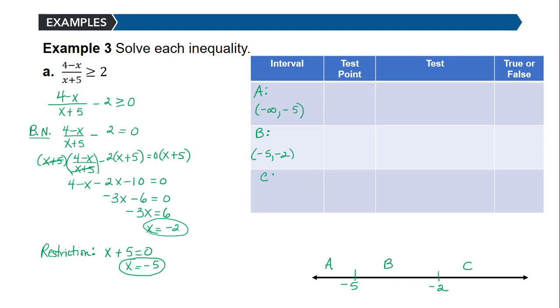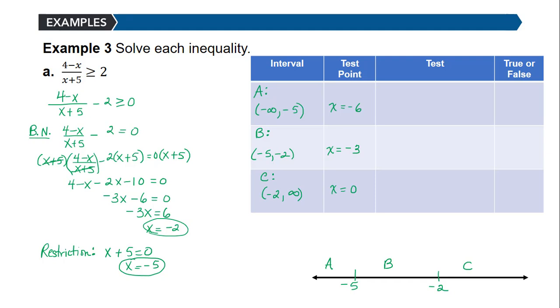And in region C, our interval is from negative 2 to infinity. We can choose the test point in region A, something to the left of negative 5, so we'll say negative 6. In region B, between negative 5 and negative 2, so maybe we'll use negative 3. And in region C, a number greater than negative 2, because 0 is in that region, we'll choose 0.